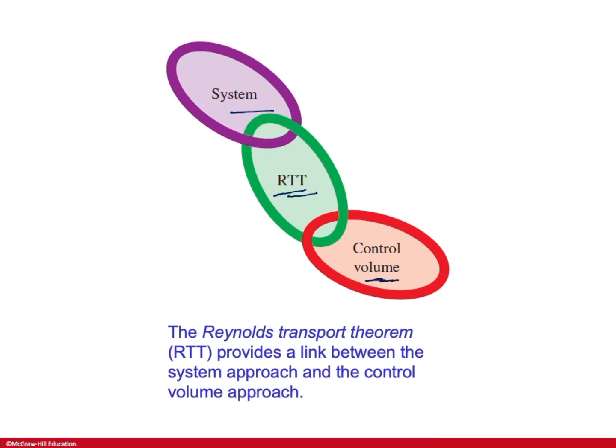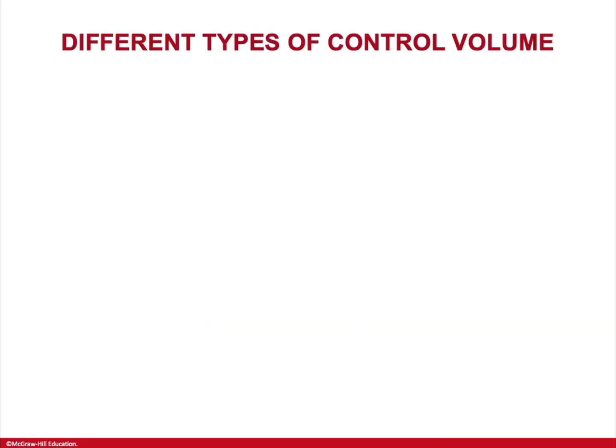But first off, before doing this, we'll talk briefly about the control volume itself. When it comes to control volume, there are three different types of control volume that you will be using in this course.